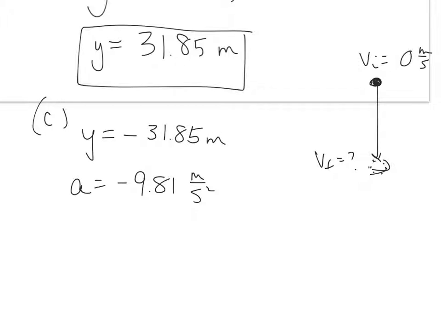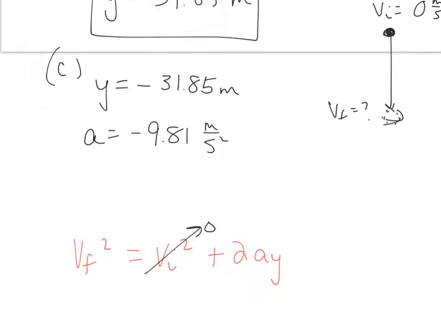And again, we knew VI was 0. We already stated that fact. Our goal is to figure out the final velocity at the end of the problem. VF squared equals VI squared plus 2AY. VI is 0 this time, because it's like it's being dropped from rest, because it came to rest at the top.